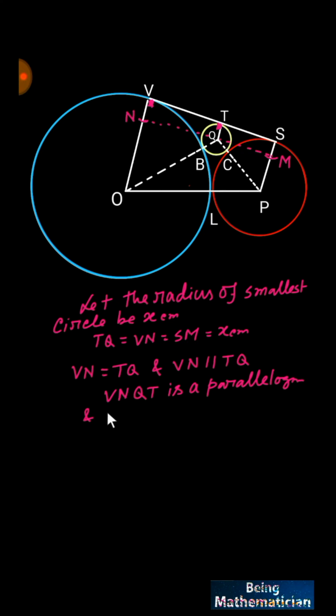And since angle NVT is equal to angle VTQ is 90, so VNQT is a rectangle.